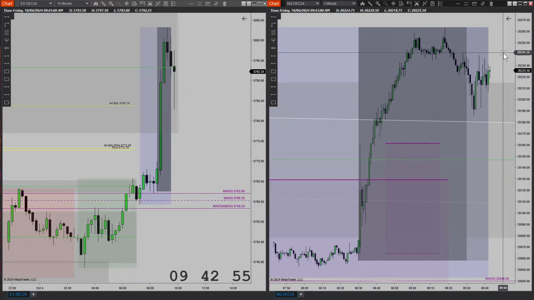Tiny buy model here. If it takes this high, I want to see it fail to get above.